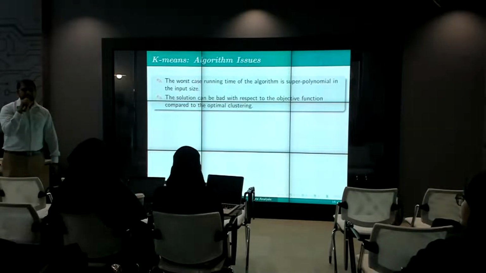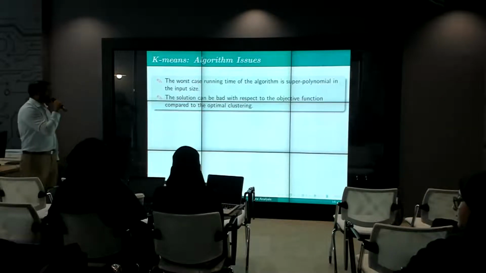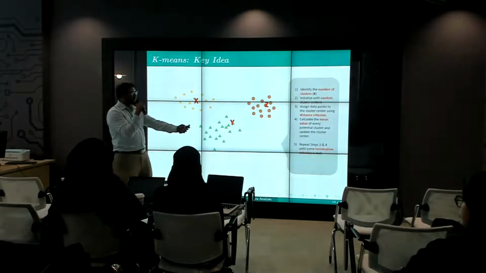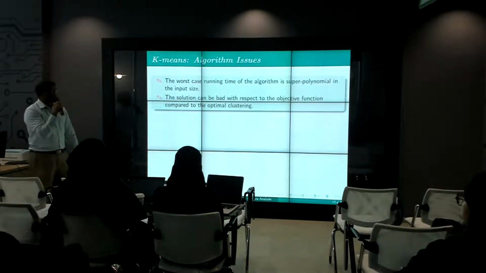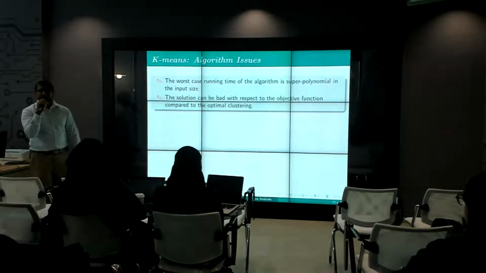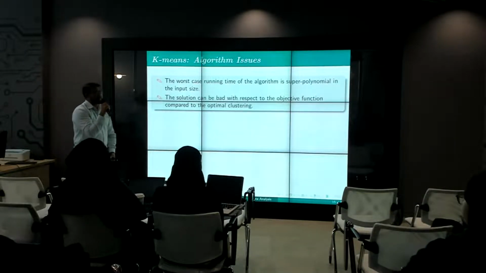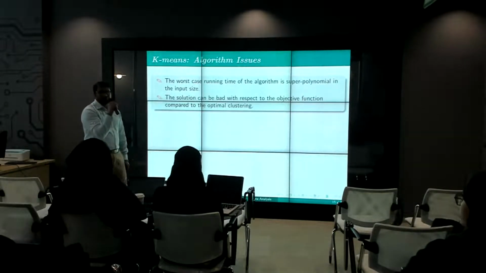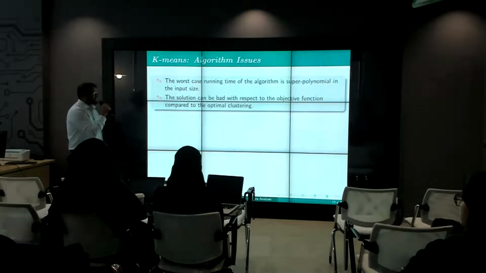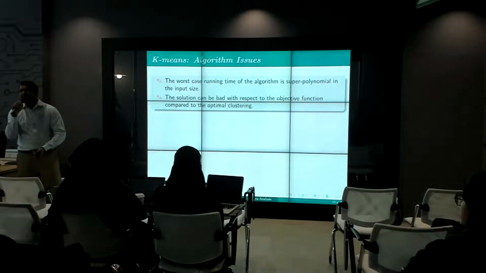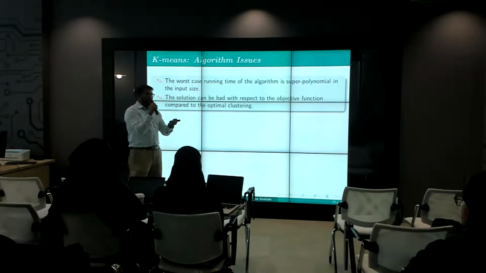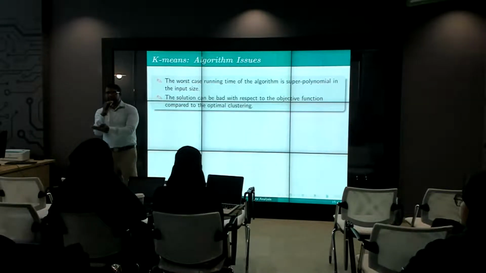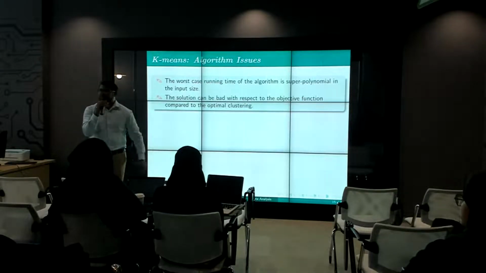So now some of the issues regarding the algorithm itself. Of course, these are the areas for improvement, but the algorithm itself has these two issues. Sometimes it might take forever for the algorithm to come up with a stable cluster. This is one of the main issues for k-means. And then when you are able to terminate the algorithm, you will find some clusters, and you can draw them, and you'll find they are completely different.